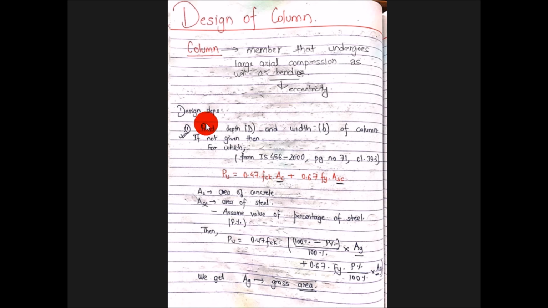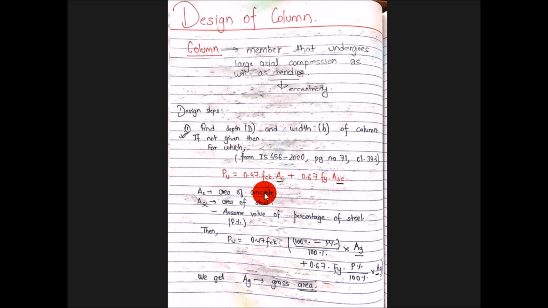The very first step is to find the depth D and width B of the column, if you are not provided with them. There is a formula which we can find in IS 456:2000, page number 71, clause 39.3. Pu is equal to 0.47 fck Ac plus 0.67 fy Asc.